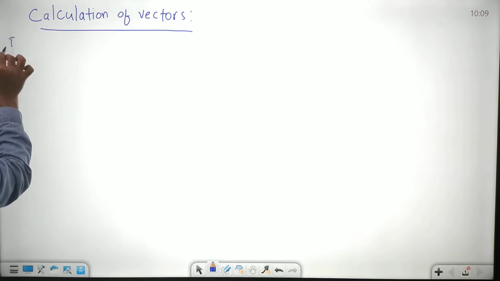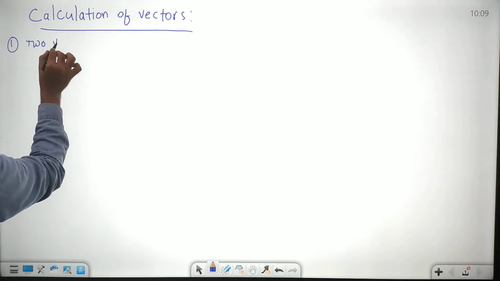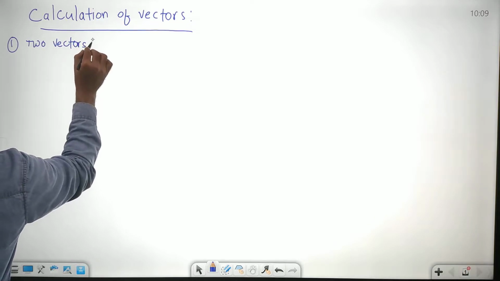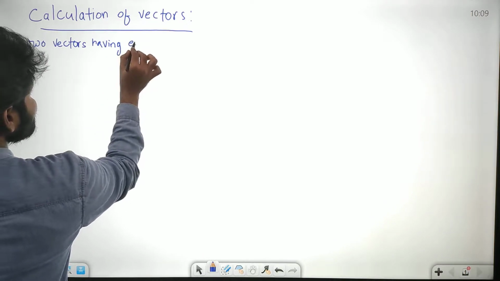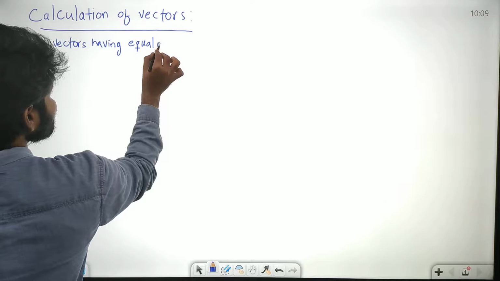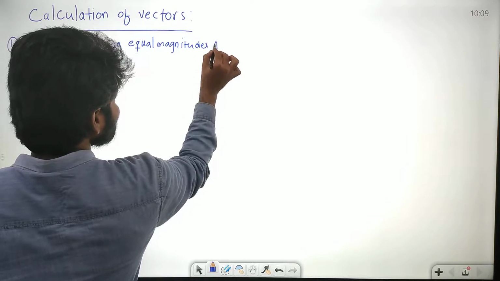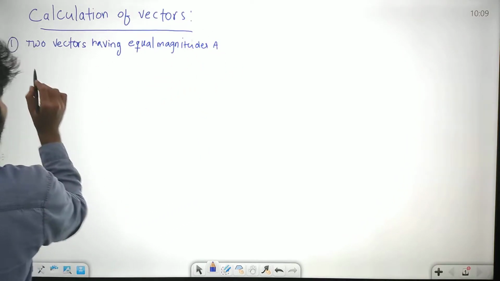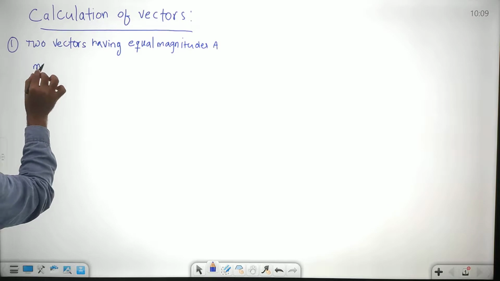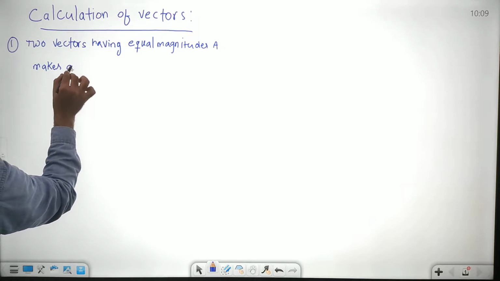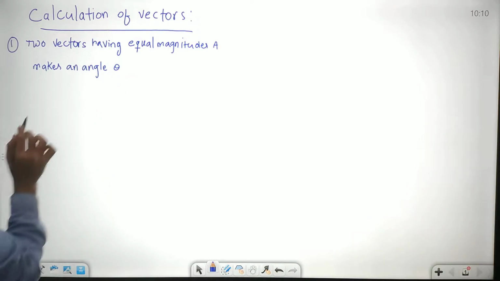The first question: two vectors having equal magnitude A. These two vectors make an angle theta with each other.